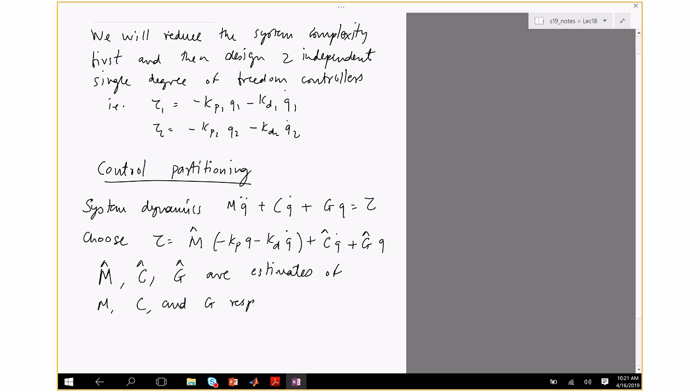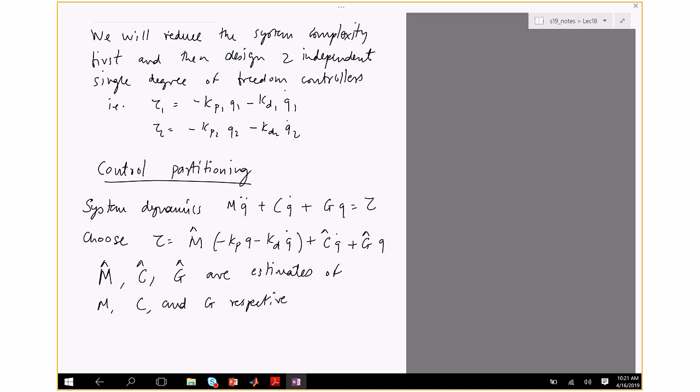So why are they estimates? Well, when you have a manipulator, you do not know the mass, and so you have to do some system identification to figure out the mass. For example, for a mass, it's just using a weighing scale, but for a manipulator, you'll have to do some movements, and there's a whole area of research called system identification, which talks about how to figure out mass, damping, and so on.